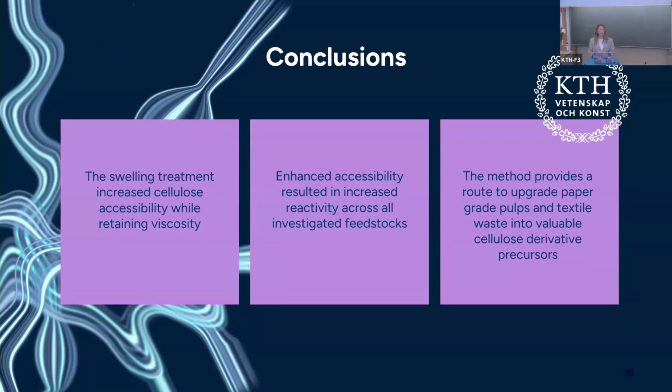And then we also saw that if we enhance the accessibility, this will result in an increased reactivity across all investigated feedstocks. And then we also saw that this method can provide a route to upgrade paper-grade pulps and also recycled textiles into more high-value precursors for derivatization reactions.